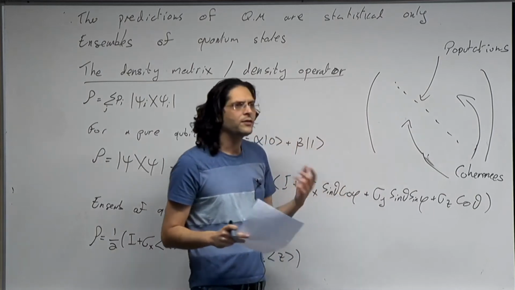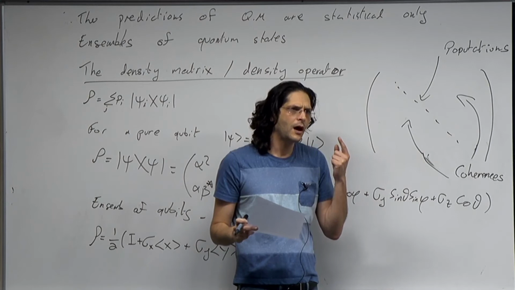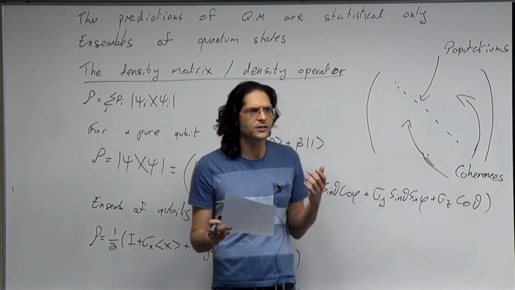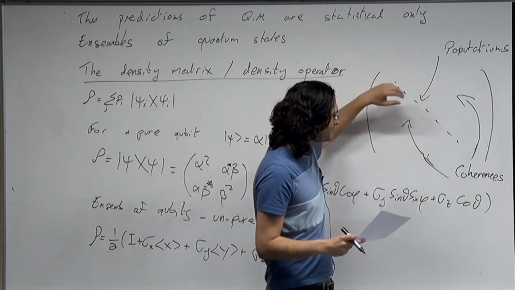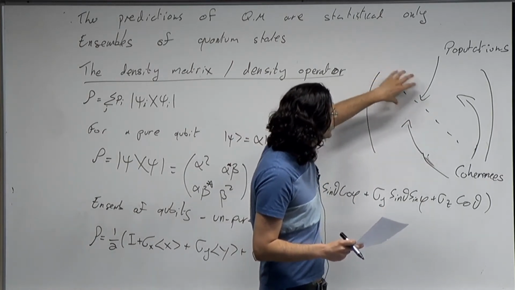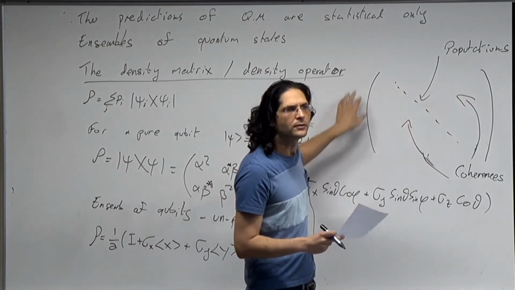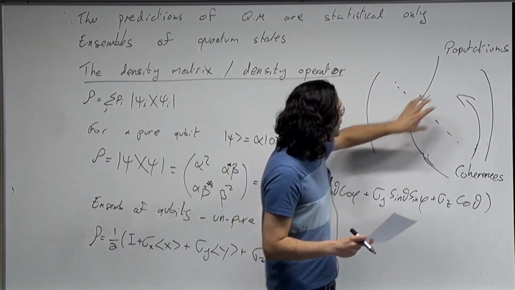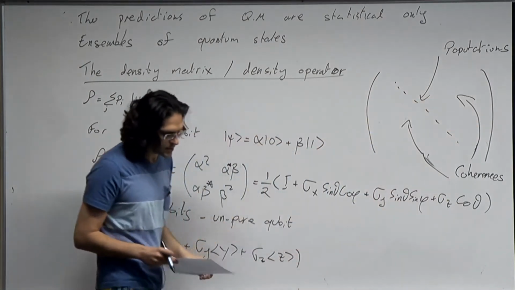On the other hand, if you have a qubit in a superposition, 0 plus 1, then your density matrix will have 1, 1, 1, and 1 with a half prefactor. So you will have off-diagonal elements. That's the simplest example.